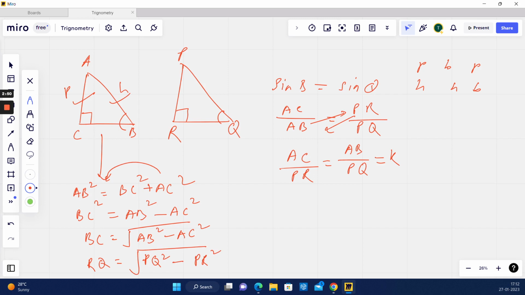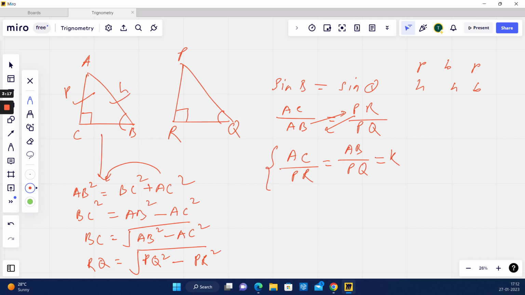Now we need to show that angle B is equal to angle Q, and we can prove this by showing the triangles to be similar, right? Then we can say that angle B is equal to angle Q. So in order to prove the triangles similar, the ratio of two sides is already equal.